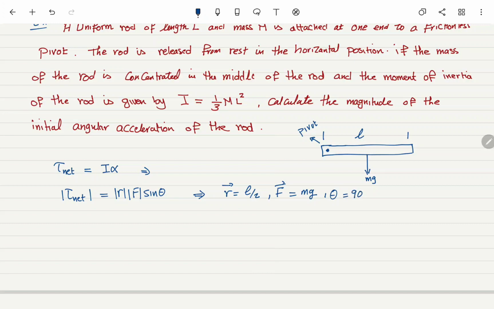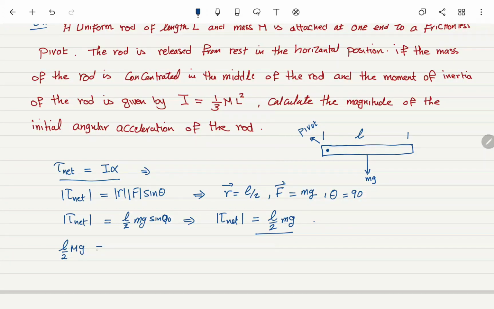You substitute this back in here, and you will find the net torque equal to L over 2 mg sine 90, which equals 1, so the net torque is equal to L over 2 mg.